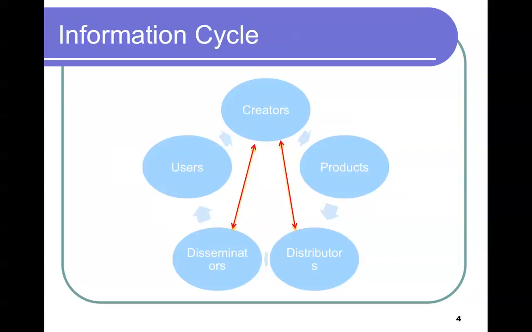The product can be distributed either by a distributor or by a disseminator. Distributors, including bookstores, libraries, and other publishing companies, are responsible for distributing the products. The disseminator is similar to a wholesaler, and they not only deliver the information from the distributor to the end user, but also play the role of educating people.